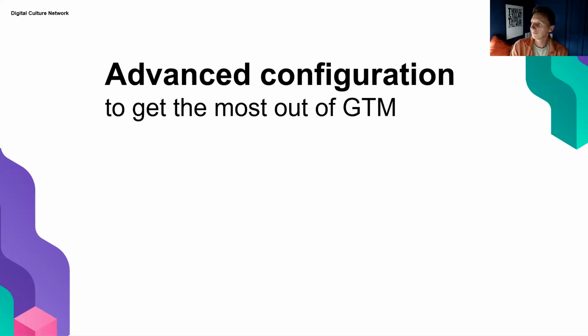In part 4 about advanced configuration, one of the things that organizations can use Tag Manager for is the cookie consent. Now we use it on the Digital Culture Network website, where if someone comes to our website, there is a cookie notice, a banner, and how they interact with that will dictate whether or not our tags fire.